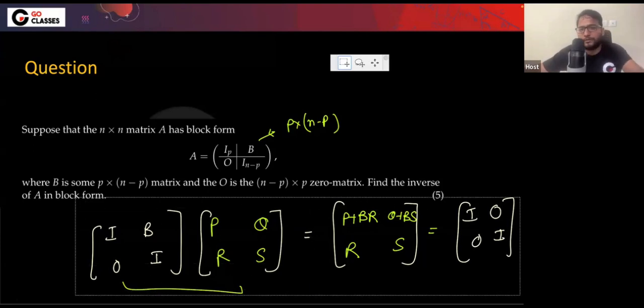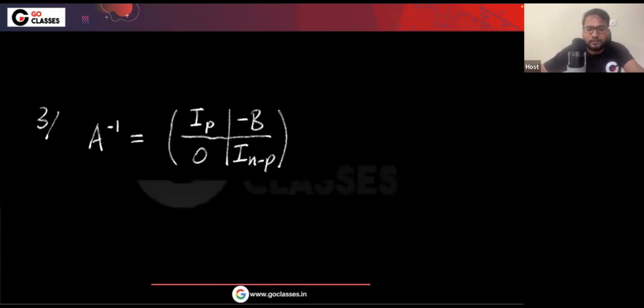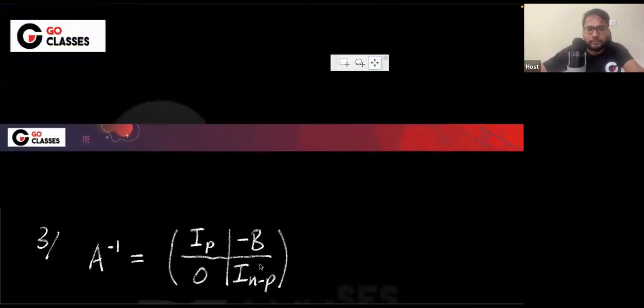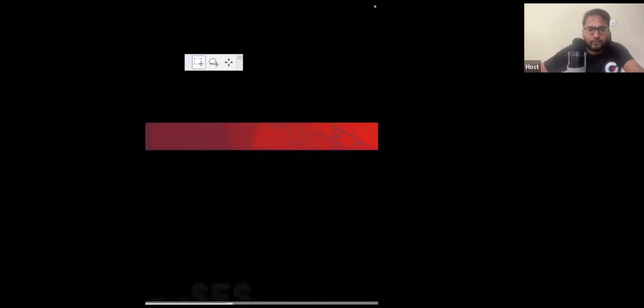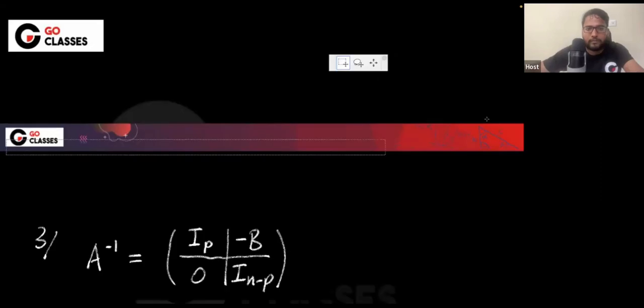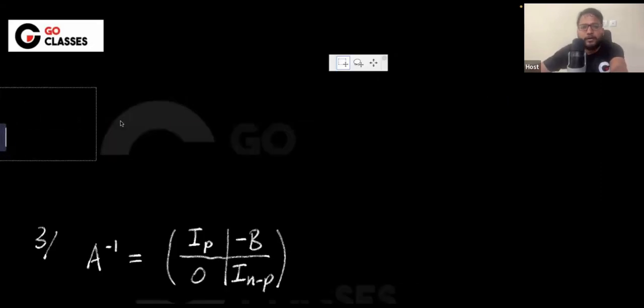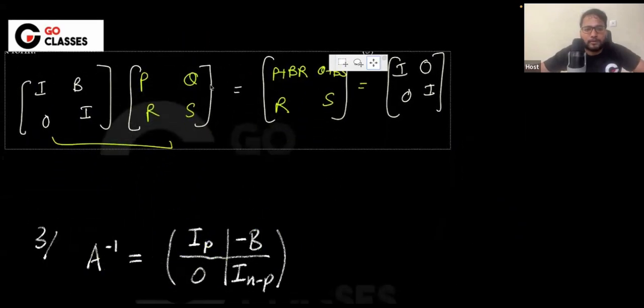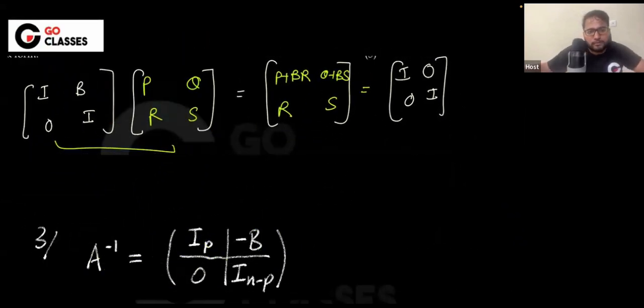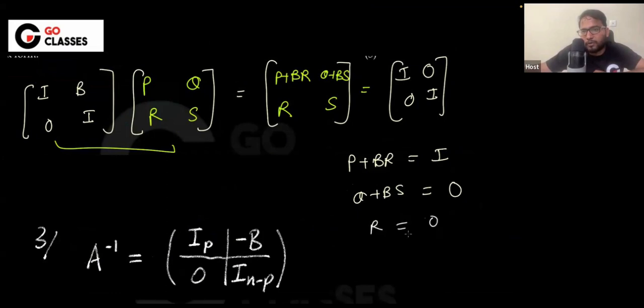Let's just go to the next page. So what are the values of PQRS? Let's just see. Let me write it here only. We have got four equations: P plus BR equal to identity, Q plus BS equal to 0, R equal to 0, S equal to identity.